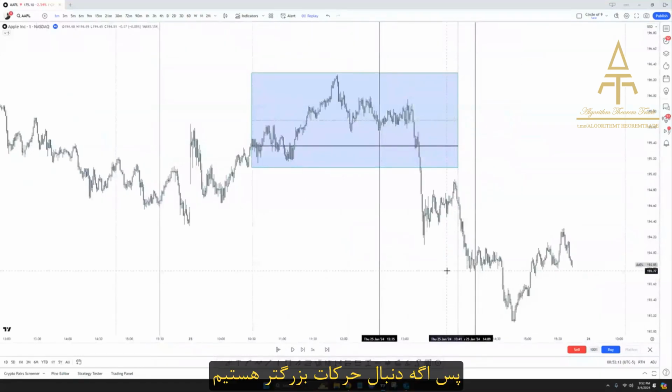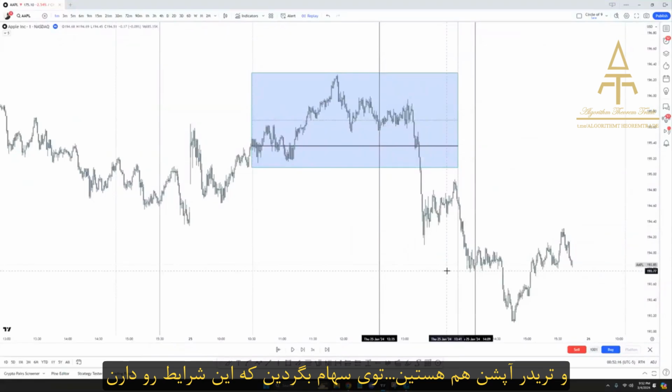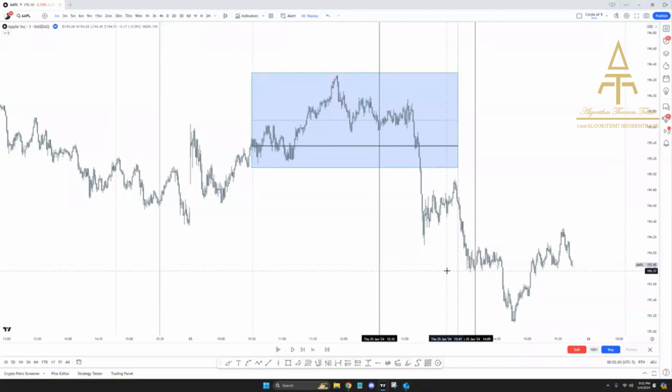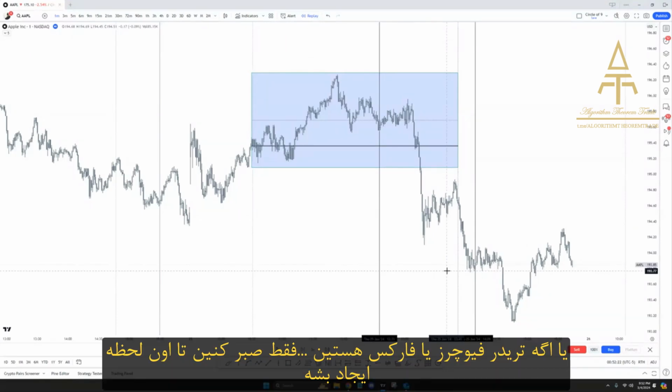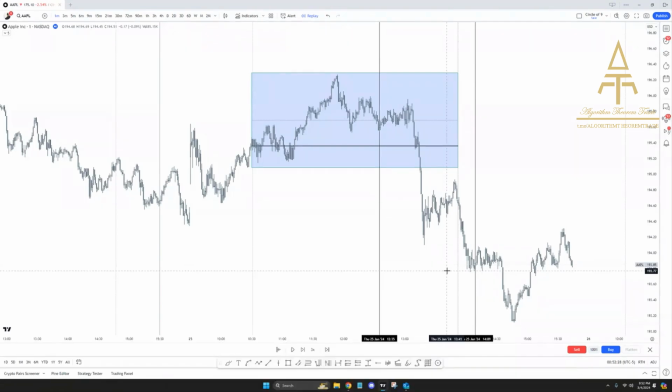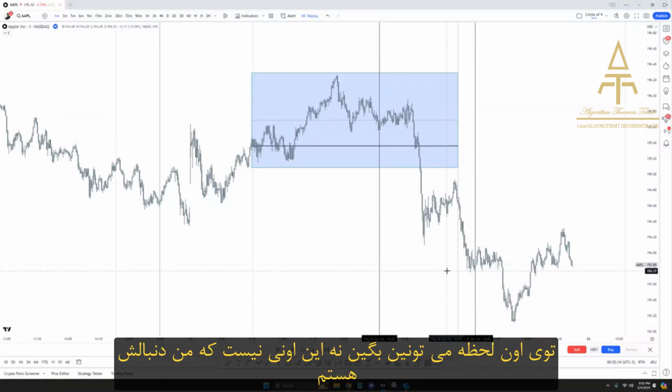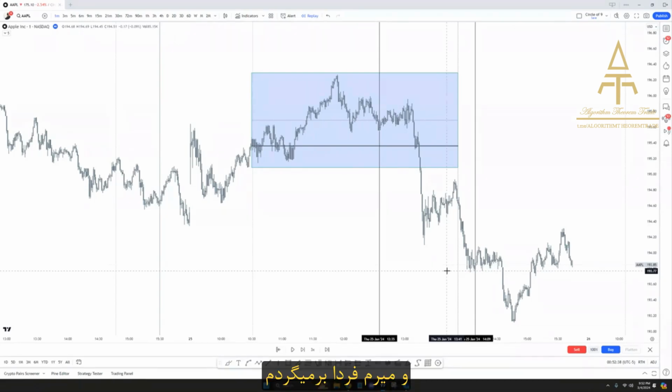So if you're looking for larger moves and you're an option trader, browse stocks that meet these conditions. Or if you're a futures or forex trader, then simply wait for the exact moment that this time occurs. And at that point, you can either say no, it doesn't meet the right criteria, and I'm going to move on and come back the next day.